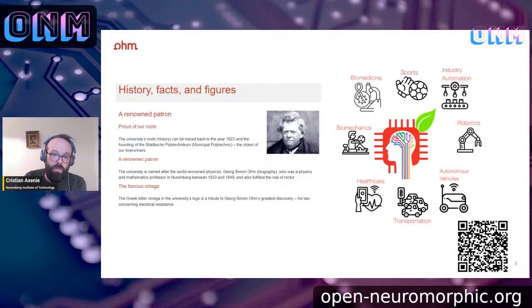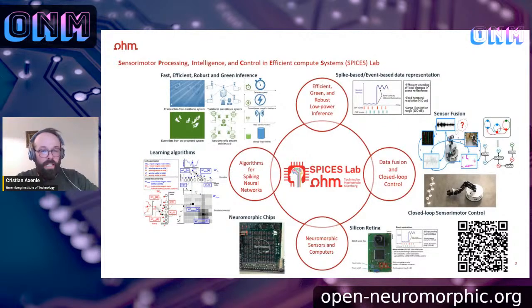Now coming to the lab, I'm interested in building systems with a really strong focus on real applications using neuromorphic systems and neural computing in general. You can scan the lab website if you want more details. What I'm working on right now is putting together an agenda on processing intelligence and control using efficient compute systems.